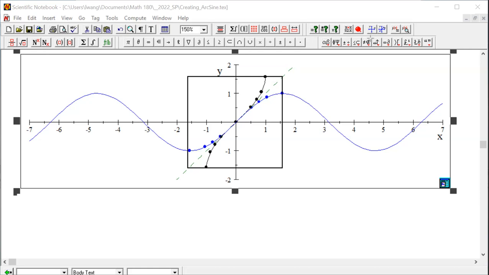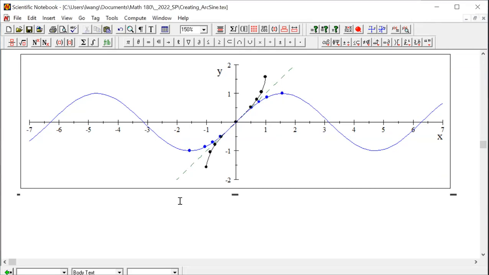Okay, and next, I'm going to speak about the notation. Notation-wise, you see this notation, sine inverse. This seems to gain popularity in the world of notation.